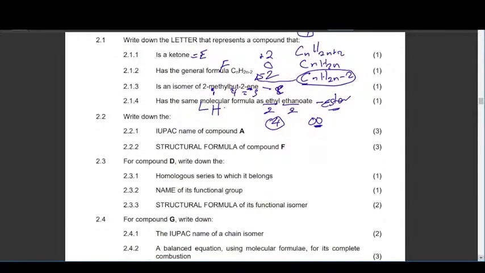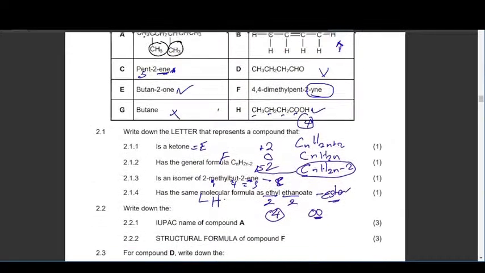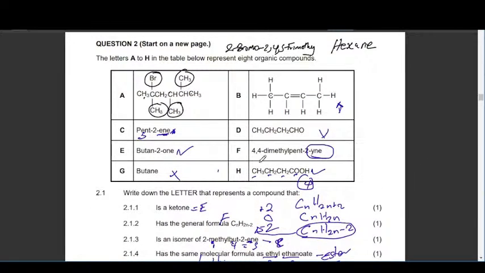Then they're saying, compound D, structure formula for F. What is the structure formula for F? So we go back here and look for it.